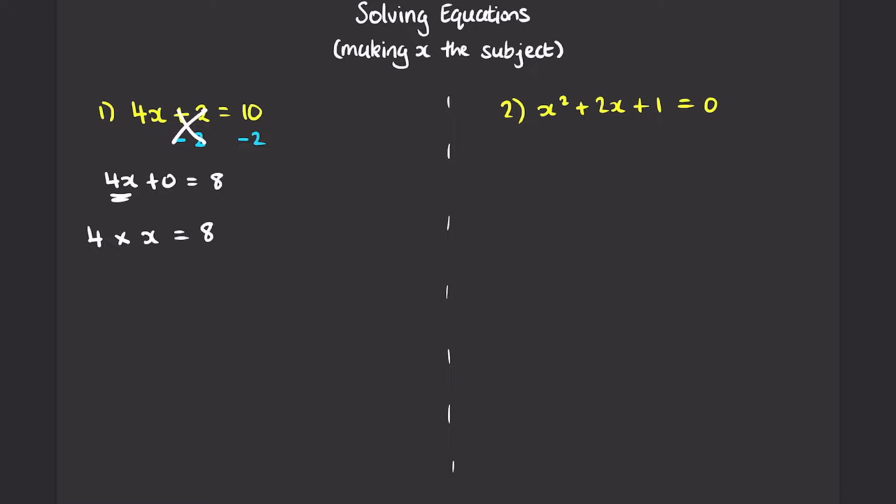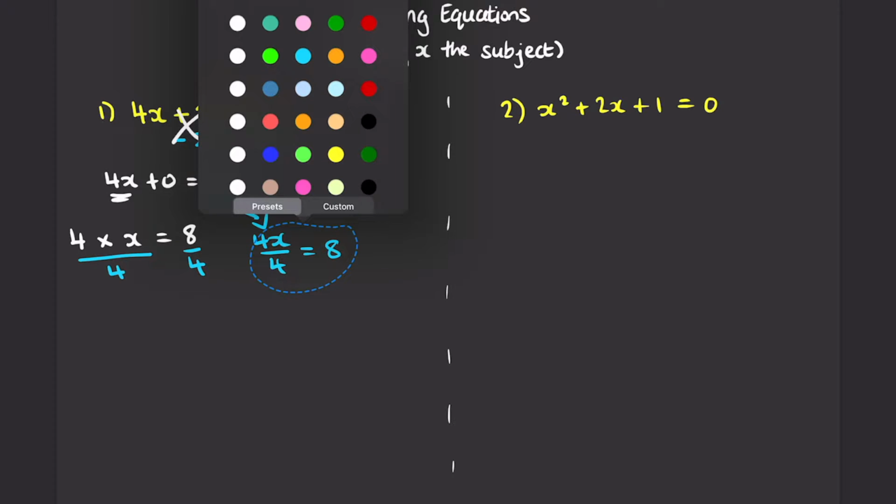Well, 4 times x, the opposite of multiplication is division. So what we can do is divide both sides by 4. You can think of it like this, or as 4x over 4 equals 8 over 4. Either way, it's exactly the same.